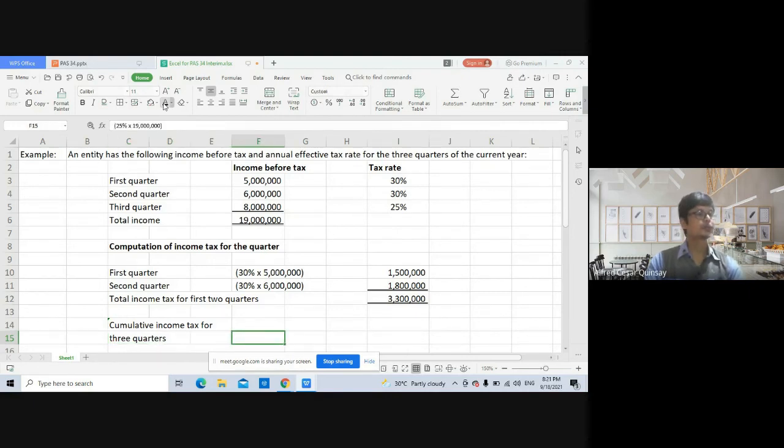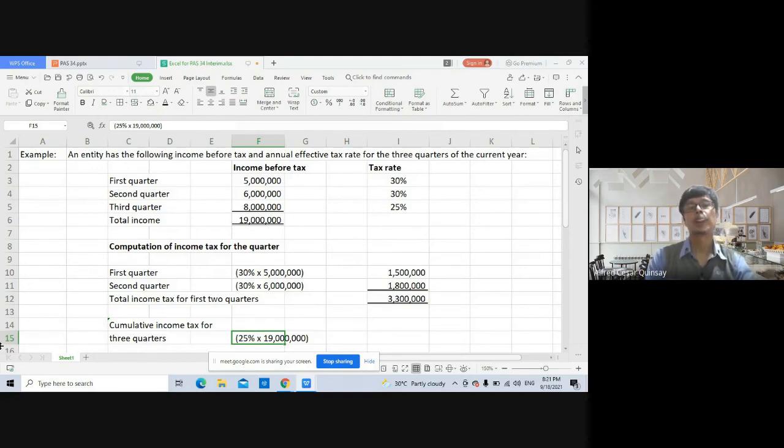That would be 25% of 19 million. As we see here, the total income is 19 million. We computed that the third quarter, where the prevailing rate was already changed to 25%, especially under the CREATE law.